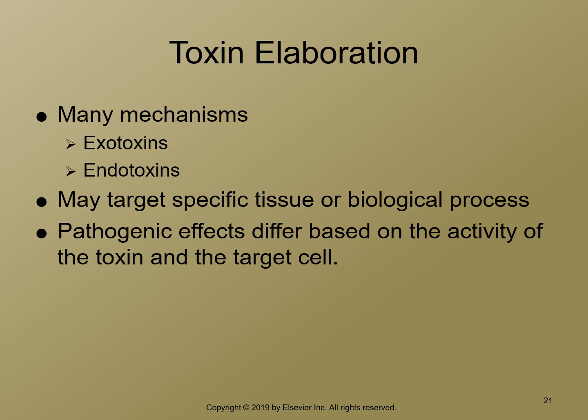Bacteria can also elaborate toxins that produce different pathogenic effects depending on the activity of the toxin and the target cell with which it interacts. So remember, we already looked at enterotoxins that affect the GI tract. So the toxins we'll be looking at with respiratory tract infections include exotoxins, which are those released by living bacterial cells into their surroundings, and endotoxins that are present inside a bacterial cell and are released when the cell disintegrates or when it dies.